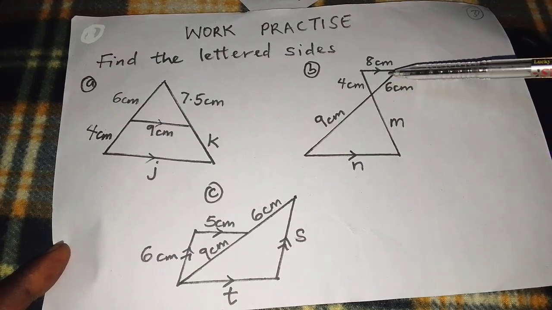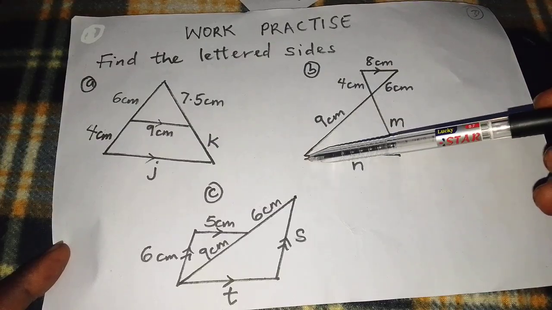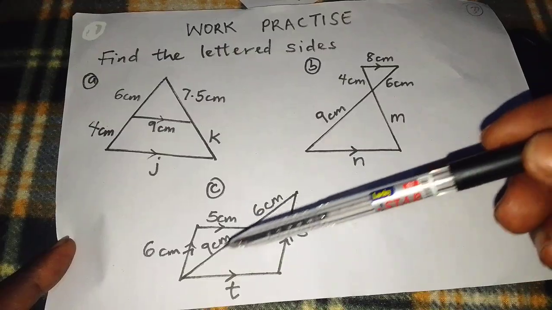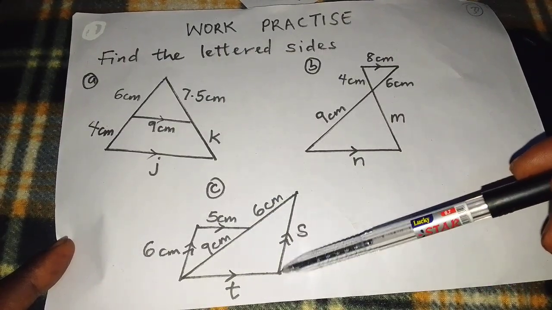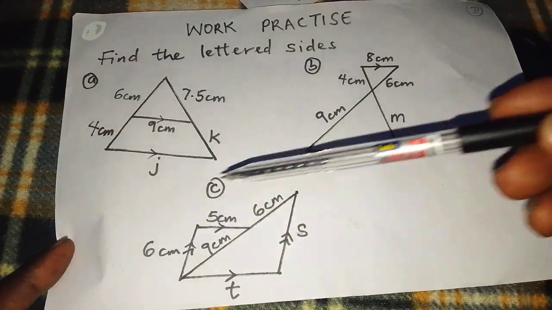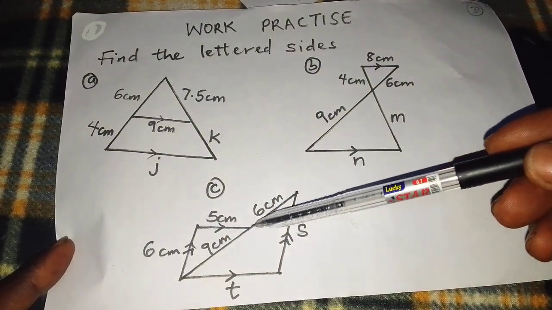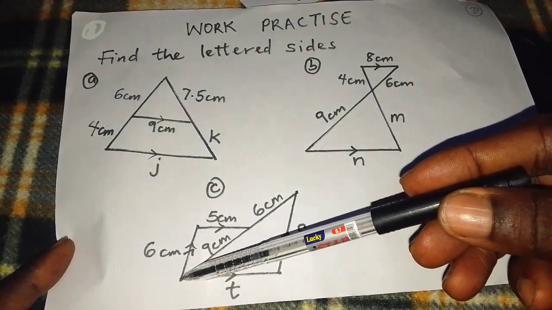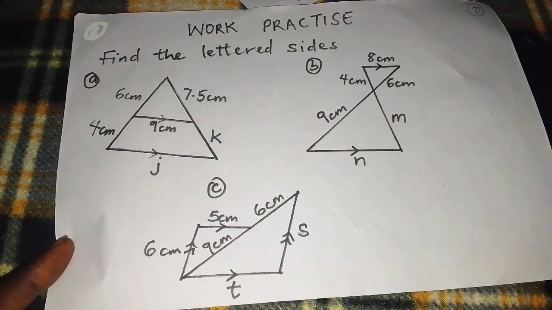This place is 9 centimeters, this is 6 centimeters, this is 5 centimeters, this is 6 centimeters. This is T, I, and this is S.